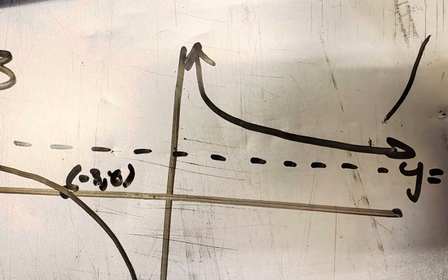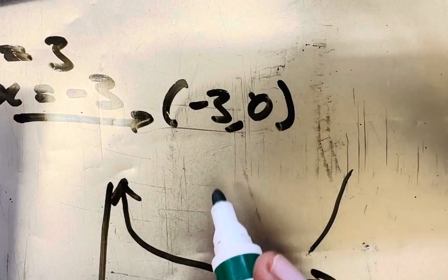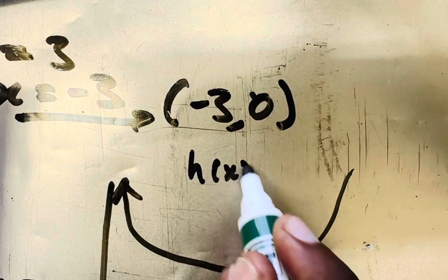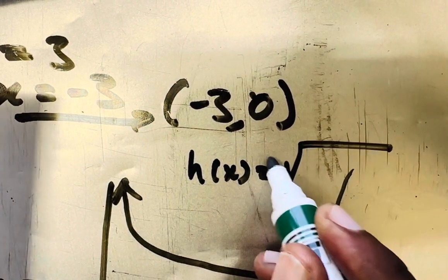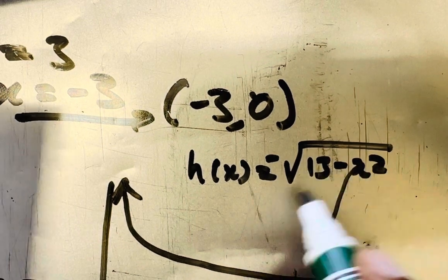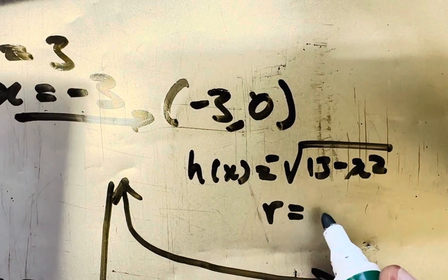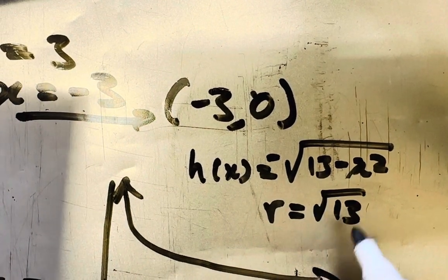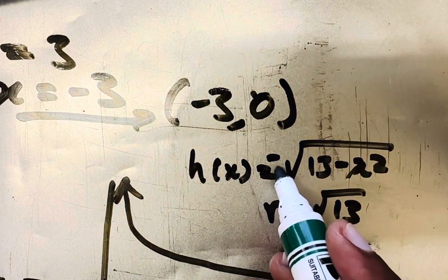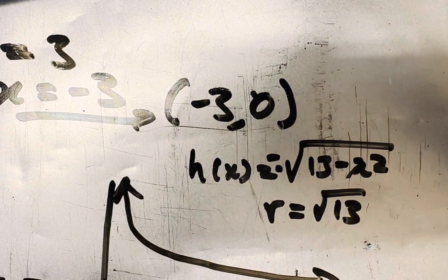Remember, we have h of x equals negative root of 13 minus x squared, where our r will be root 13. Remember, we have the negative there, which shows that it is in that part.